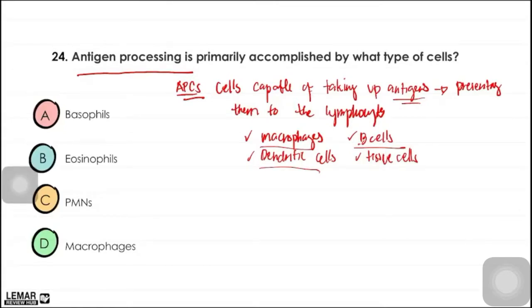So we have specialized macrophages depending on the site or organ. We have the macrophages located in the liver. These are the Kupffer cells. Kupffer cells are specialized macrophages located in the liver, lining the walls of the sinusoids, that form part of the mononuclear phagocyte system.